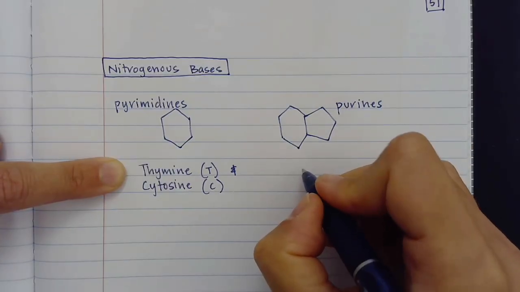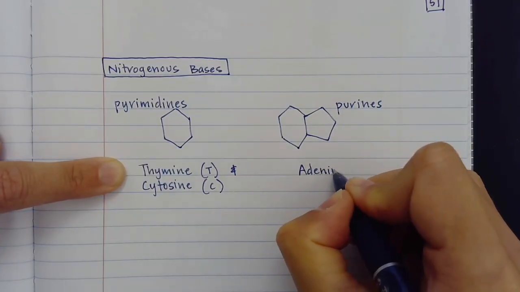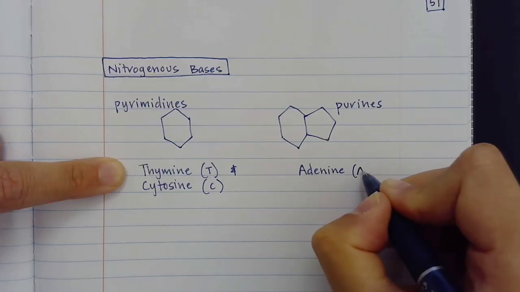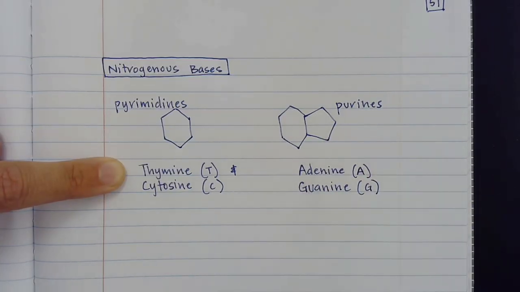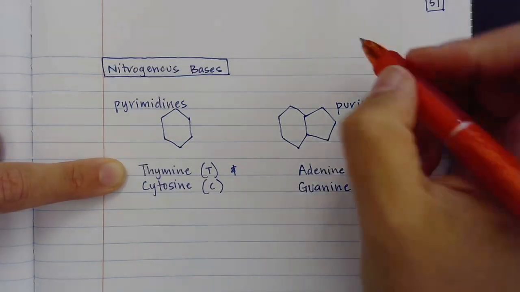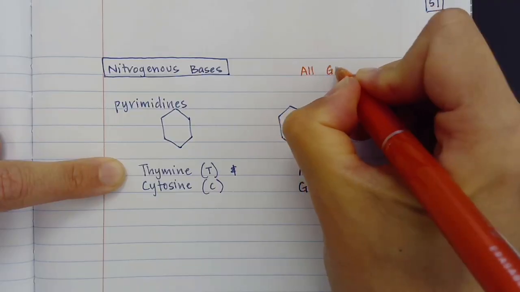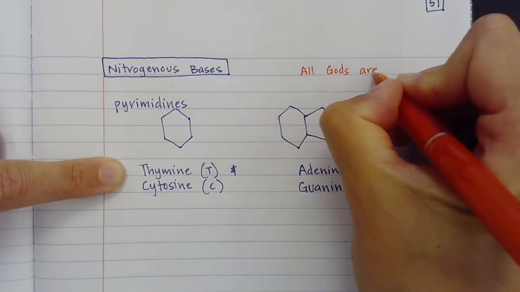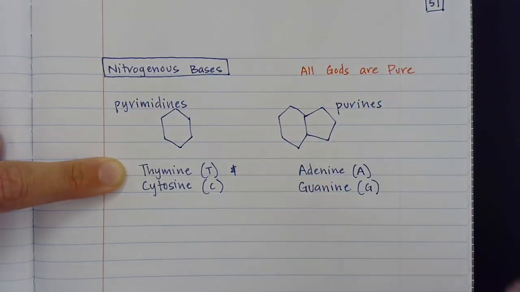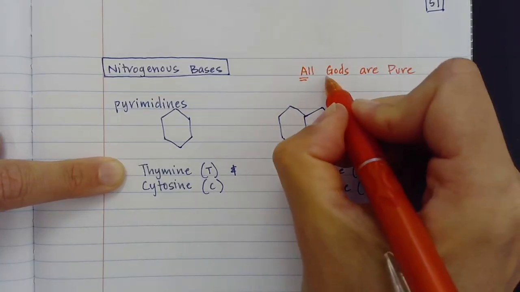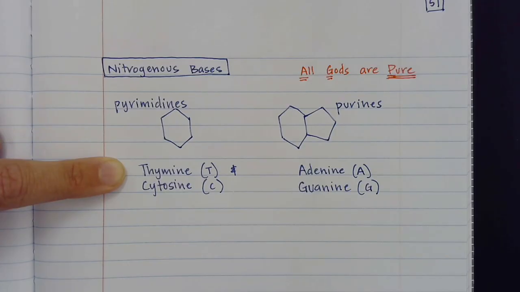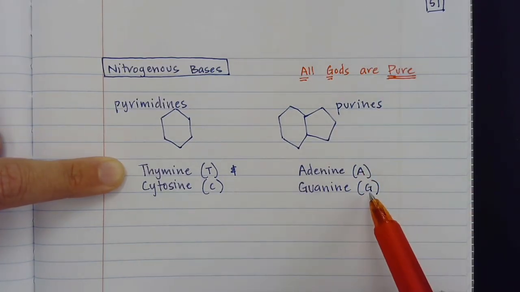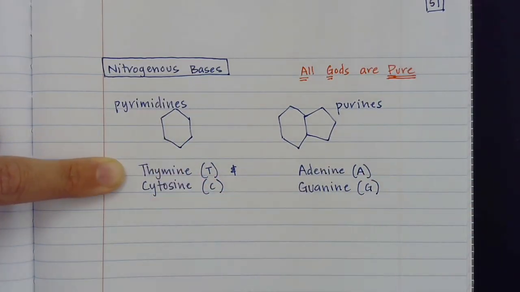These are going to be the adenines, which is A, and guanine, which is G. The way that I remember is: all gods are pure. And what this tells me is that the A and the G are purines. That's going to help me remember this because the purines are A and G, which means the other ones, T and C, have to be pyrimidines.